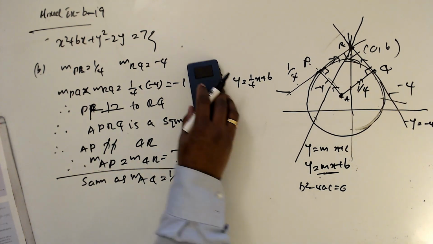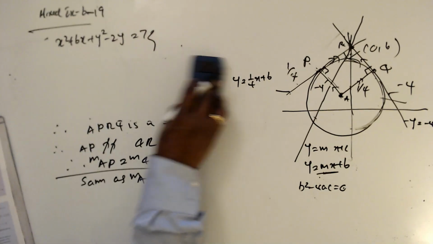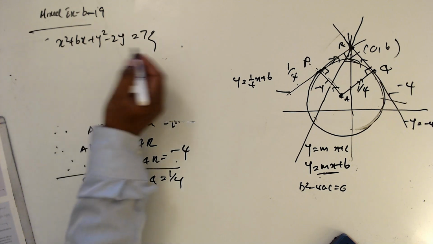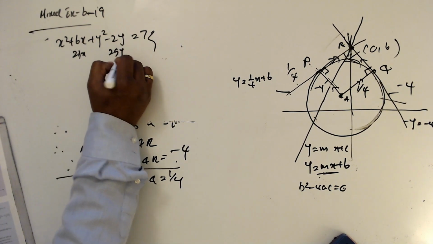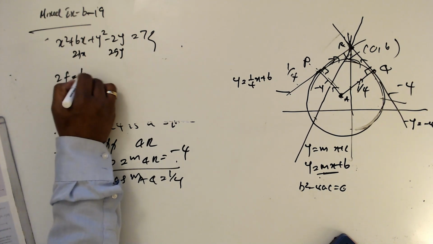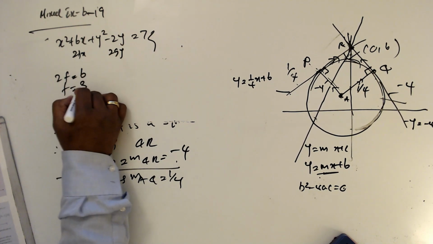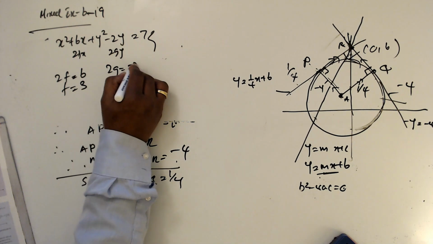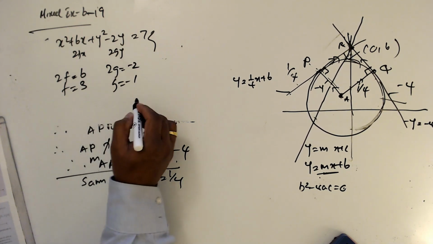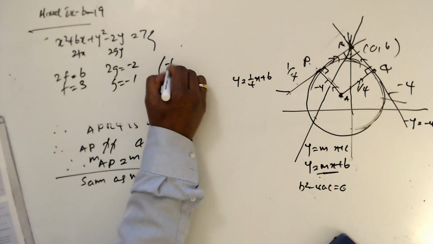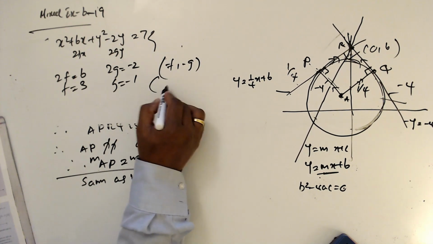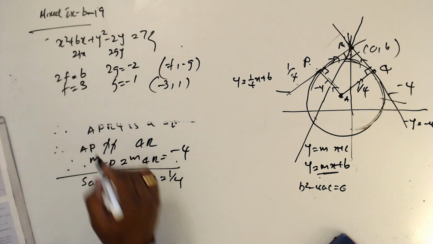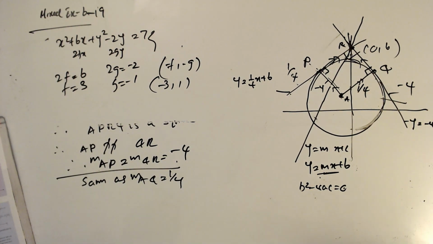Now I need the center. So this is going to be 2fx, 2gy. 2f equals 6, f equals 3, 2g equals minus 2, g equals minus 1. Hence minus g, minus f, minus g is the center. So then minus 3, 1 becomes the center.